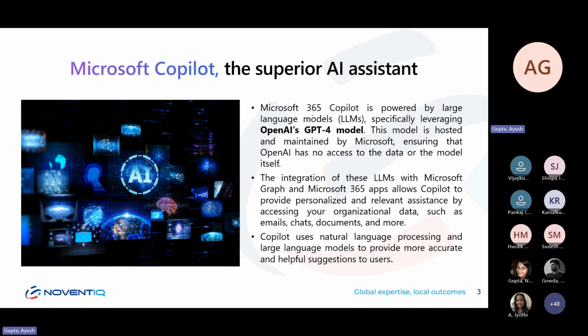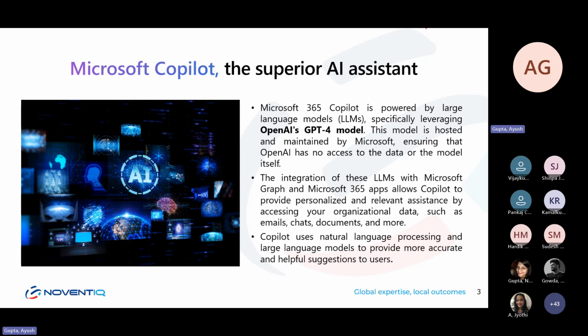It's the underlying technology on which Copilot is based. This model is hosted and maintained by Microsoft to safeguard your data, so your data will not be used for any purpose by any parties, ensuring that OpenAI has no access to your data or the model itself.